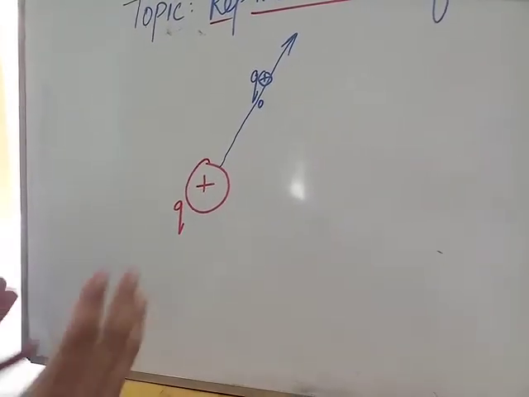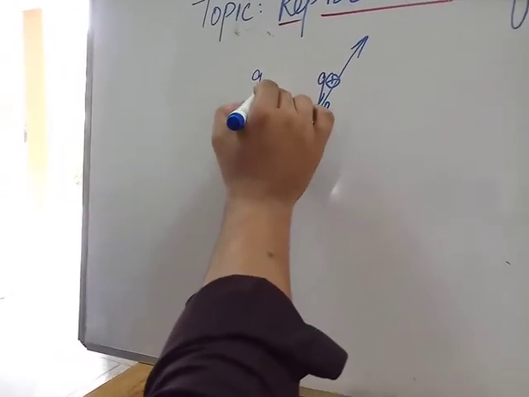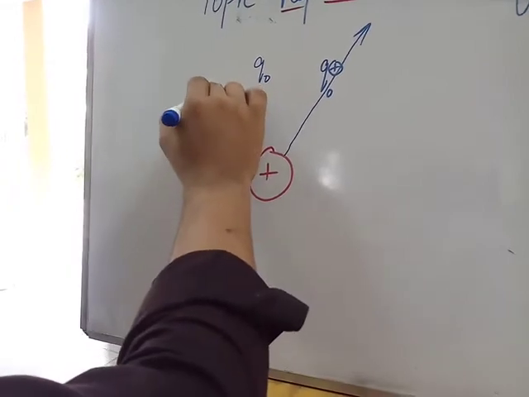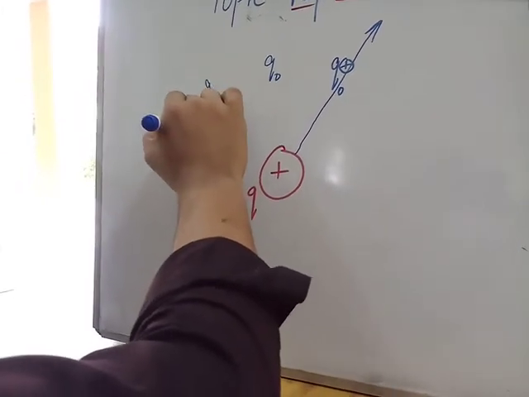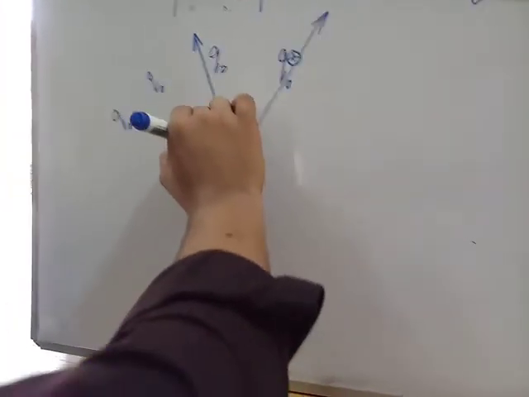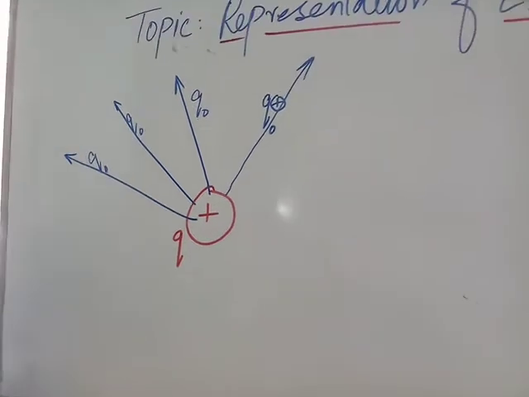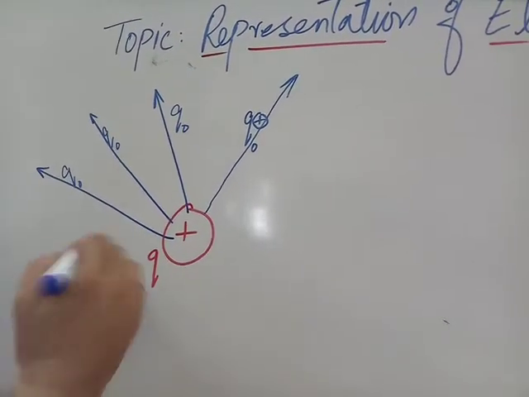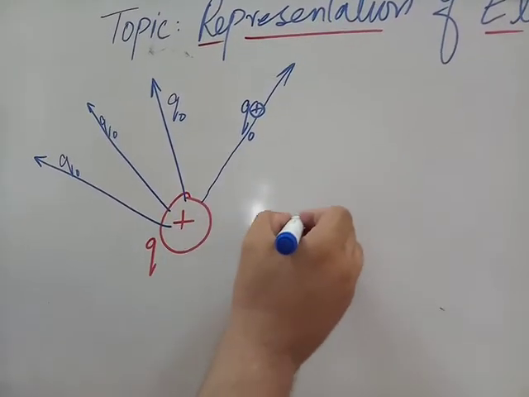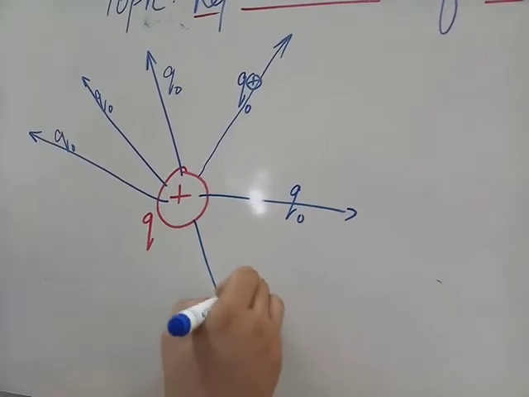If I change the position of the test charge Q0, like I place Q0 here, Q applies a force and I draw it by an imaginary line. In every direction you can change Q0, and this is also a force.